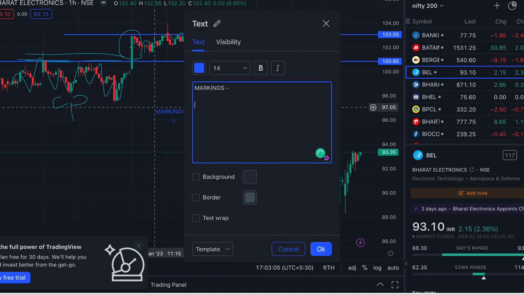Markings. The first marking is for the level break. It is simple: once all three conditions are met, we are going to mark the level break. Second, till which point the price was taken up while crossing the level.